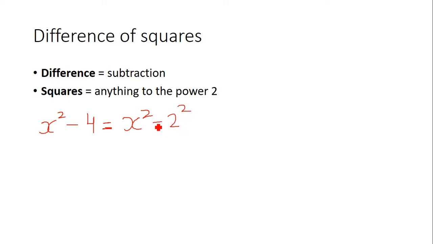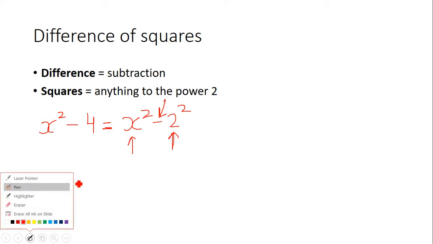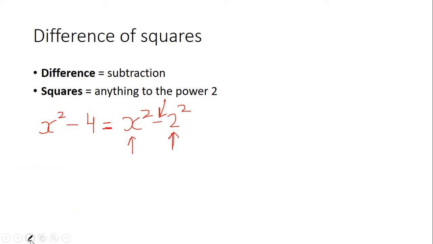So here we can see it's a difference of 2 squares. You see that, right? It's a difference, a subtraction, of 2 squares. This square and that square. So that's why we call it a difference of 2 squares. These are the type of expressions we're talking about: x squared minus something.